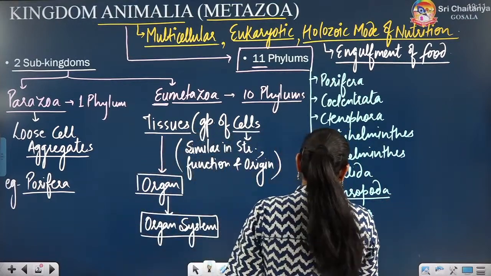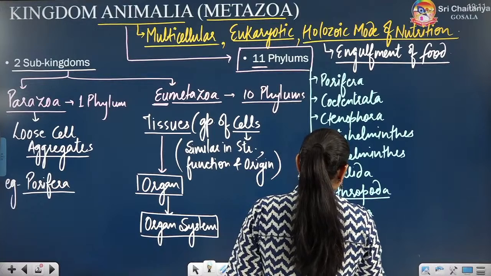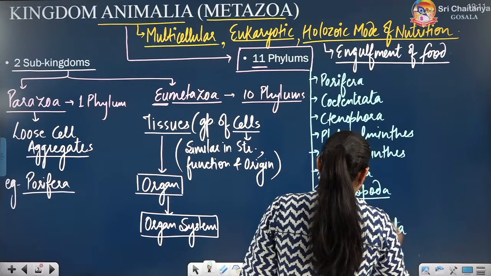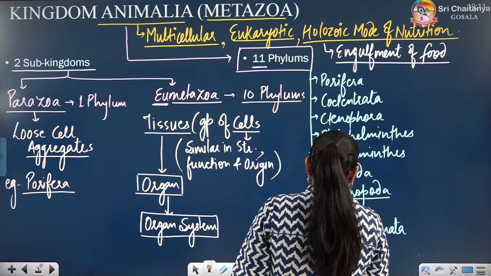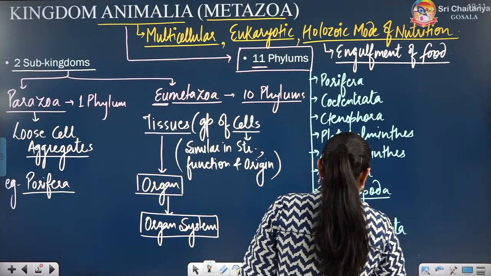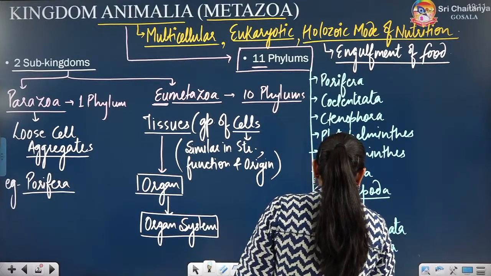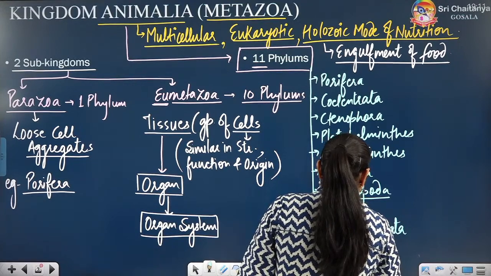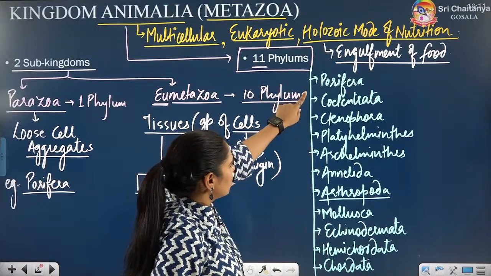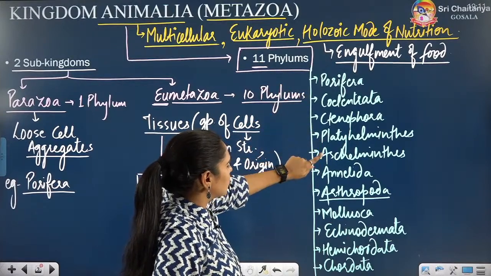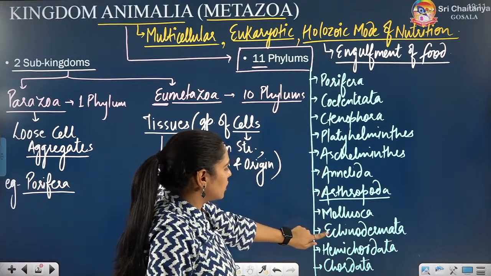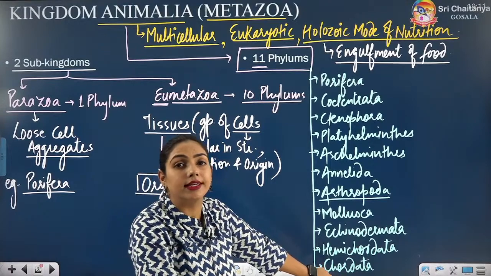So after Mollusca, what comes? Echinodermata, after which Hemichordata is there, and the last phylum is Chordata, everyone. So these are the 11 phylums: Porifera, Coelenterata, Ctenophora, Platyhelminthes, Aschelminthes, Annelida, Arthropoda, Mollusca, Echinodermata, Hemichordata and Chordata.